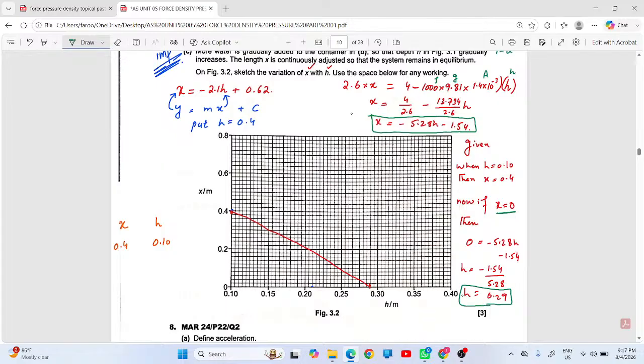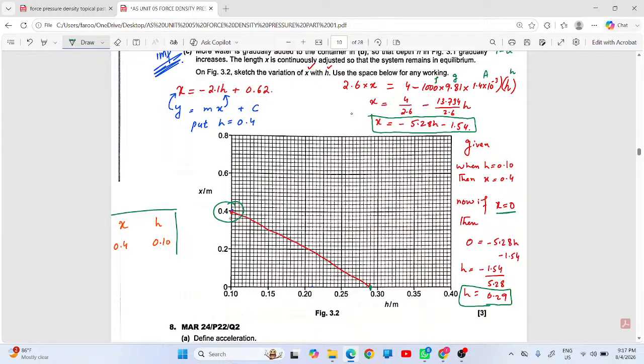तो अब बचे the first point is already given in the question that when h is 0.1, then x is 0.4. और बचे यहाँ पे हमने क्या किया कि if I use x equals 0, then the value of h is 0.29. So 0.29 is this.